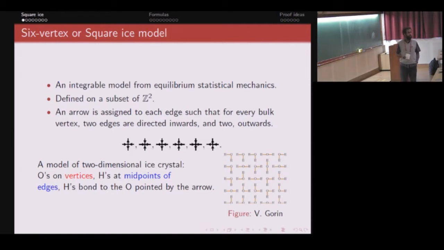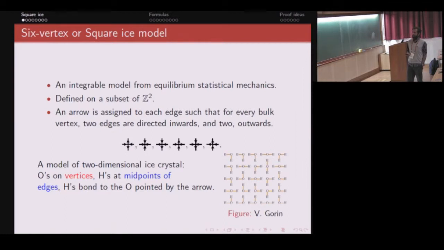So if you have not seen the square ice or six-vertex model, here's a quick introduction. You are on a subset of Z2. For each edge, you assign an arrow. If it's a horizontal edge, you pick either left or right. Vertical, you pick up or down.